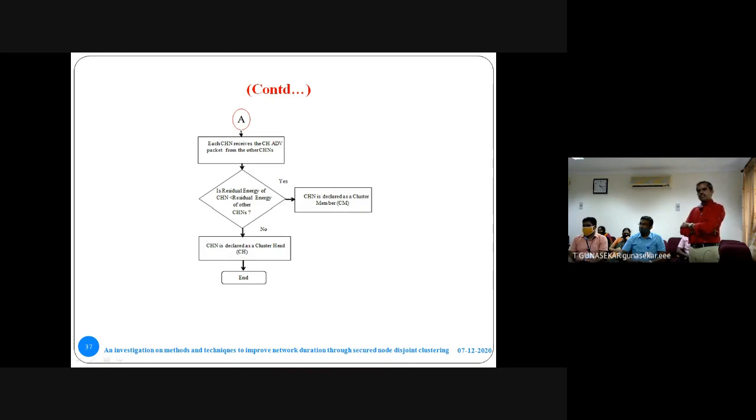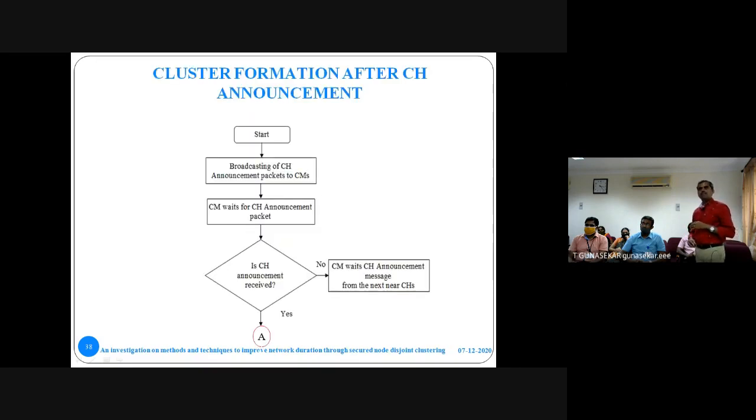If the residual energy of the cluster gate nominee is less than the residual energy of another nominee, then that nominee is declared a cluster member. Otherwise, it is declared the cluster gate. Based on this flowchart, we can differentiate cluster member, cluster gate nominee, and cluster head.